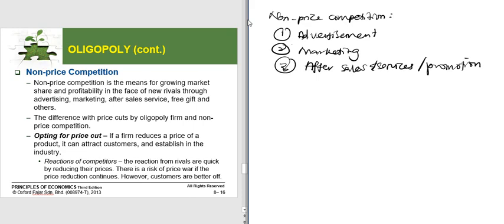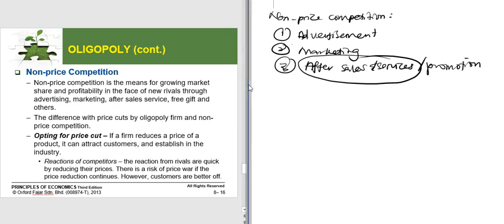So for example, if you are a car manufacturer or a car supplier, you can have after sales service. For example, you can offer free car services after you have purchased the car, for let's say 1 year or 2 years, or free labor charge. So that is an example of non-price competition.